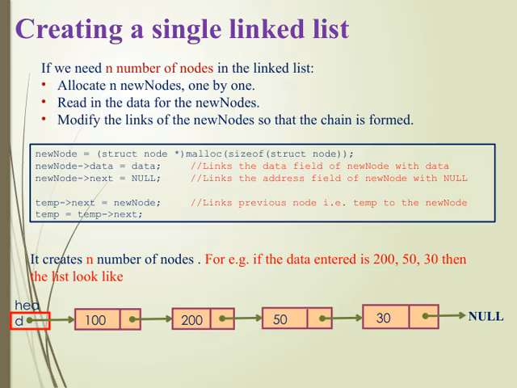For example, if the data entered is 200, 50, and 30, the list will look like this: 200, then 50, then 30, connected in sequence. This process is fundamental because it allows us to dynamically create a linked list of any size, which is essential for efficient memory management and flexible data structures.